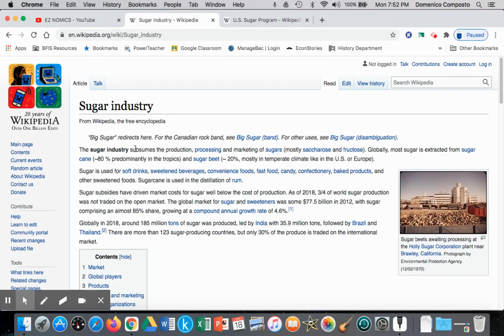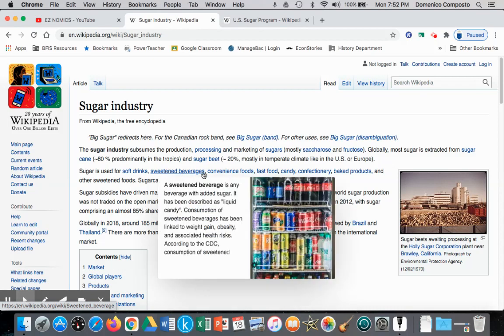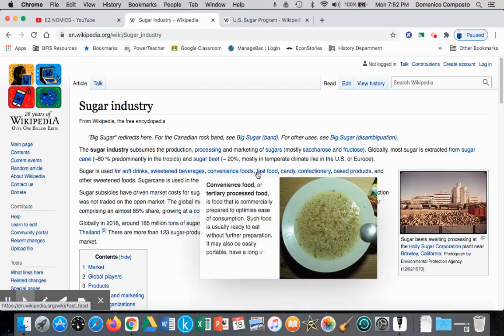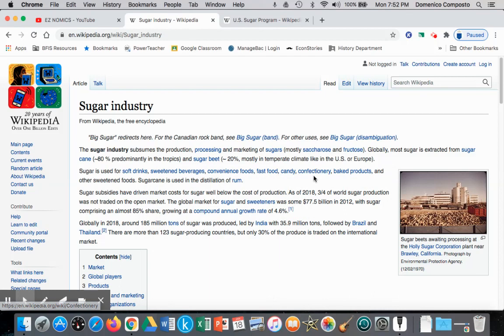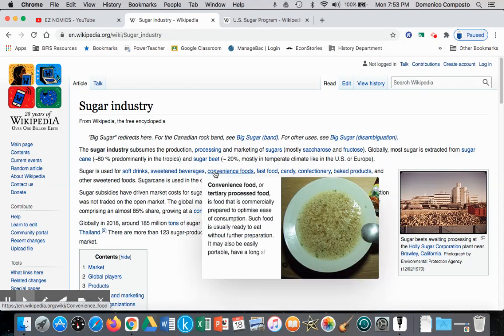We're going to use the sugar industry as an example. The sugar industry provides sugar, obviously, and it's a key input in producing soft drinks, sweets and beverages, convenience foods, fast food, candy, etc. If quotas and other trade protections increase the price of sugar, a key input, it shifts the supply curve for these industries because the sugar price has risen.